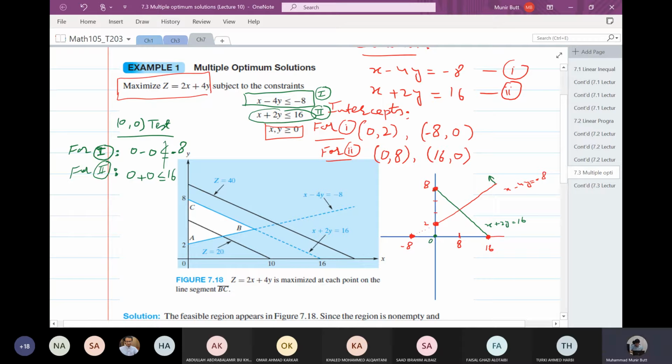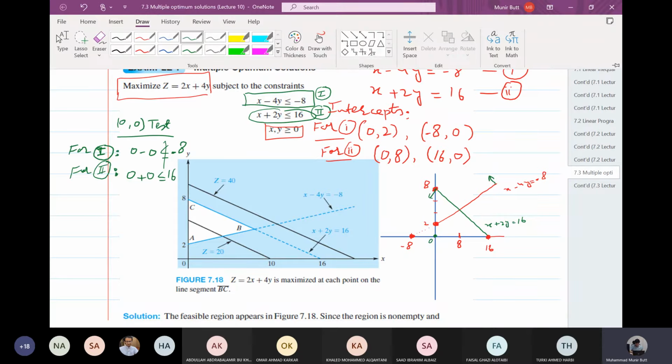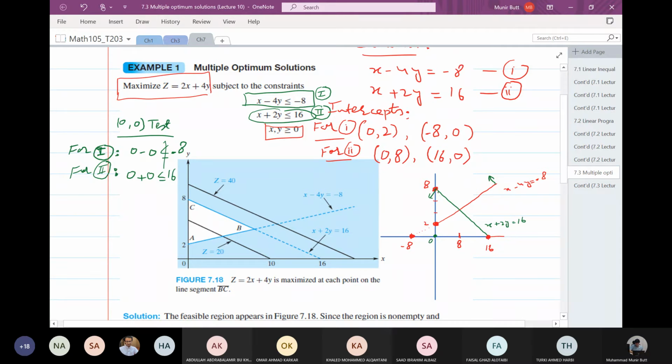Okay, so it means that below this, 0 0 is here, so below this is the solution. So what will be the region? So you see below this line, so this will be the region. Agree? Above this line and below this line.